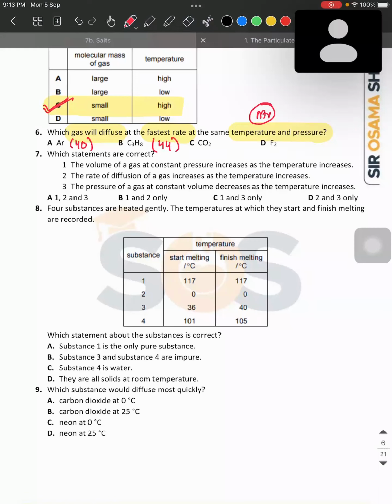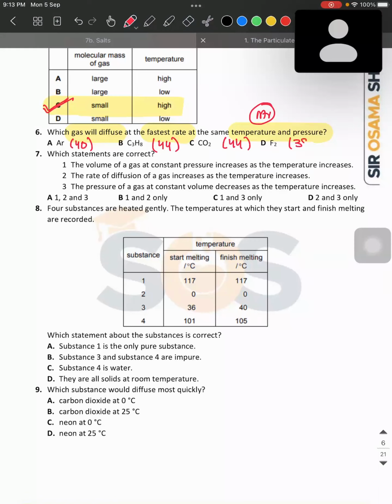It will be 44. And carbon dioxide is also 44. And fluorine is 19 into 2, 38. So the lighter the gas, the faster the rate of diffusion. So it means the right answer will be D, right? Right, Samin? Yes, sir.